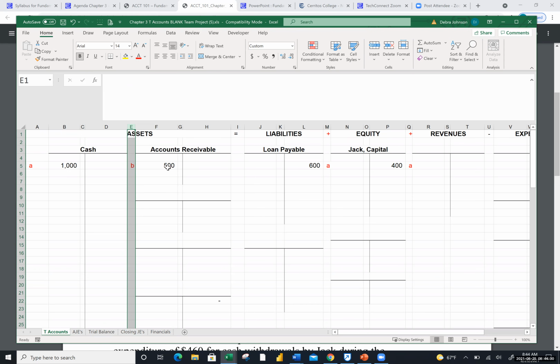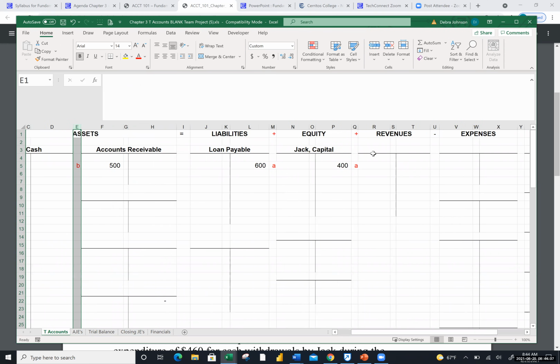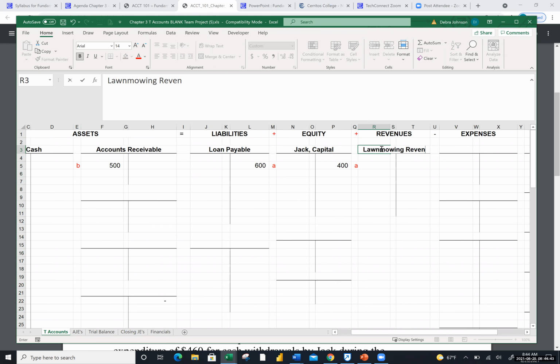What's the offset? Because we know when we do journal entries, we better have a debit and a credit for each transaction. The offset would be some kind of revenues. You can call it whatever you want. I think I'll call it lawn mowing revenue. Service revenue would even be okay. 500. My debits have to equal my credits, of course, every single time.